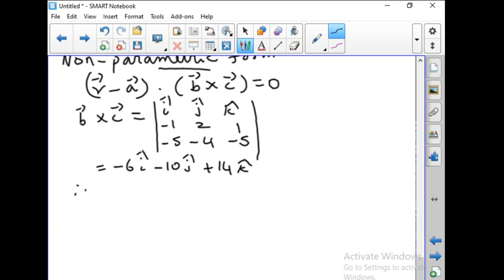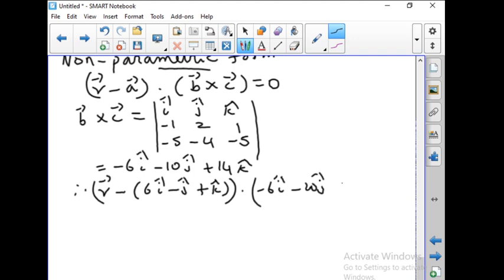So therefore what do we get? (R vector minus (6i cap minus j cap plus k cap)) dot (minus 6i cap minus 10j cap plus 14k cap) is equal to 0. Okay, we get this.